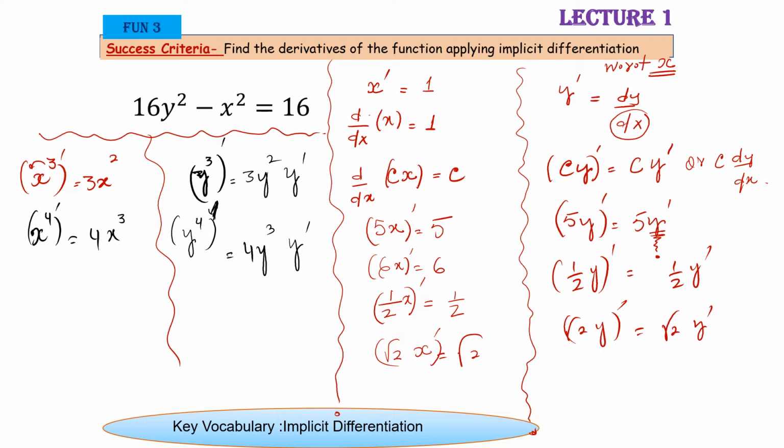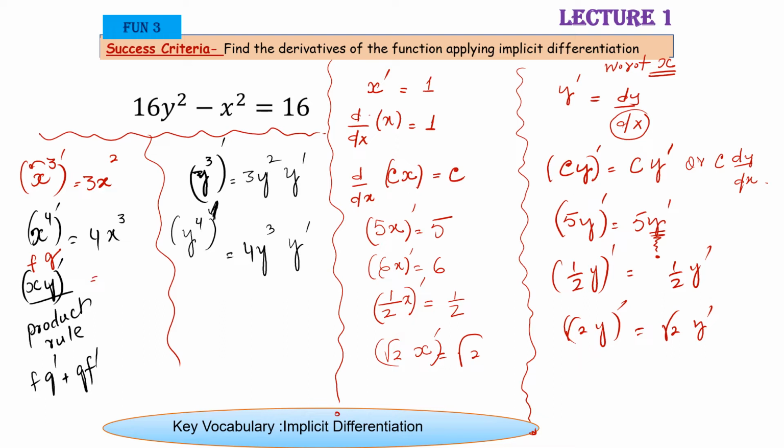Now the next thing is x and y: if they come together, then always apply the product rule of differentiation, which is fg prime plus gf prime. Using the product rule, keep in mind that the first function f is x and the second function g is y.